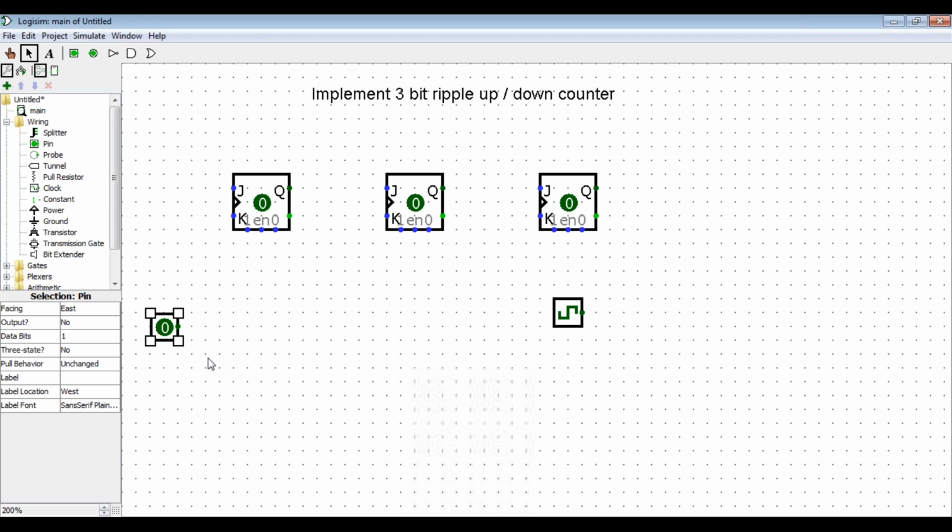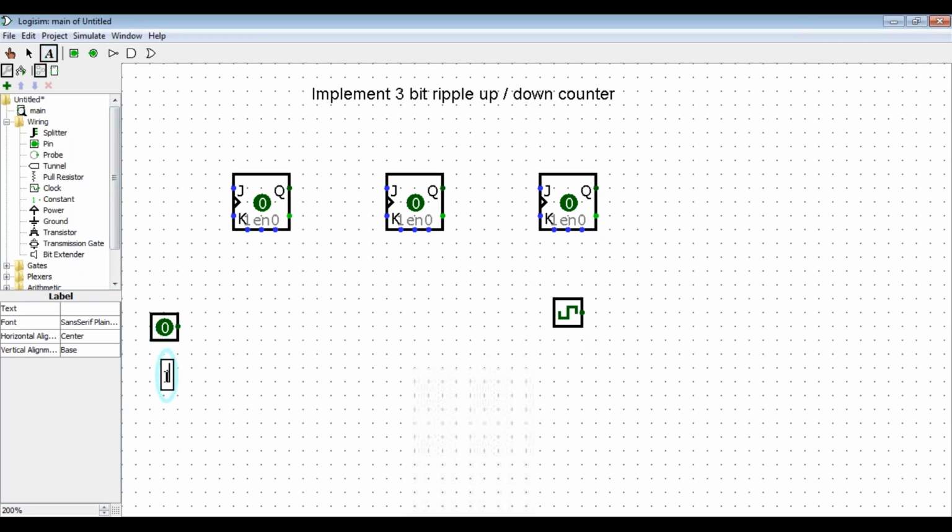Next, we need to connect the remaining things. First, I am going to label the components.